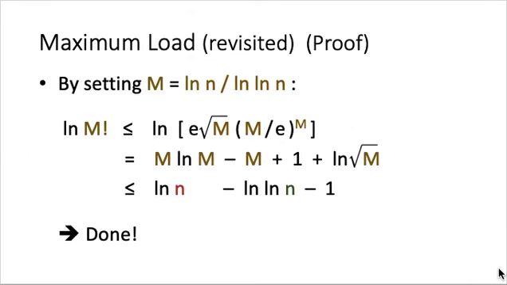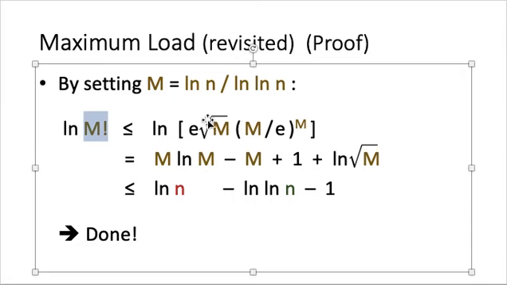For the left-hand side bound, log M factorial, we plug in the approximation that we have shown before, that M factorial is less than or equal to e square root M times (M over e) to the power M. When we take log, the most important term is actually M log of M over e. So we have M log M minus M. So this is M log of M over e, and these are the non-dominating terms.